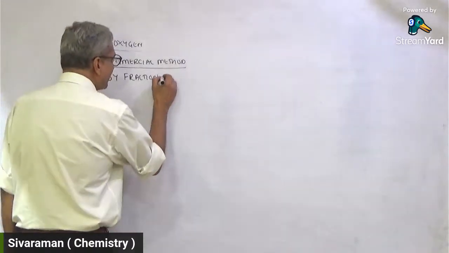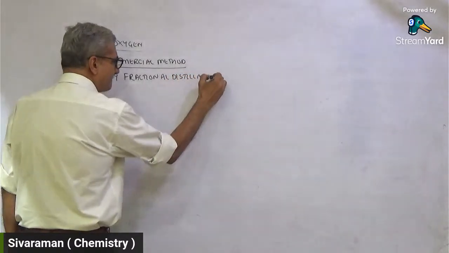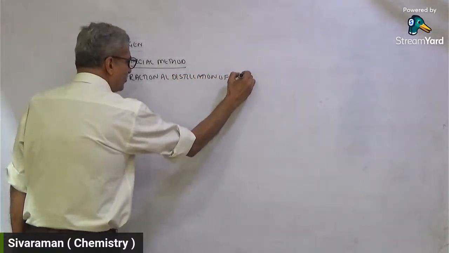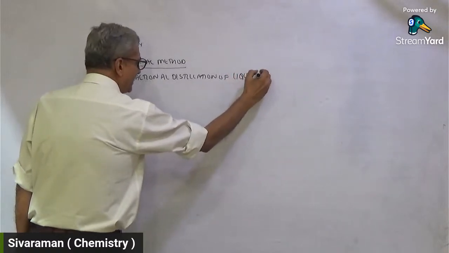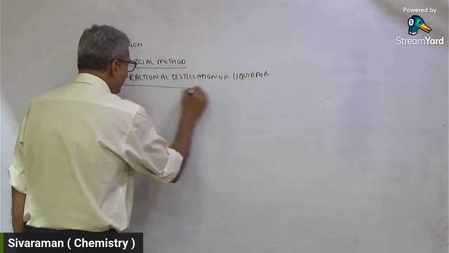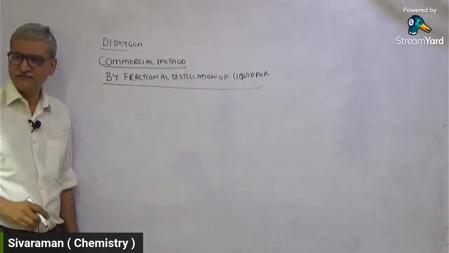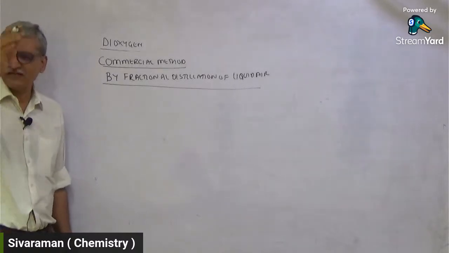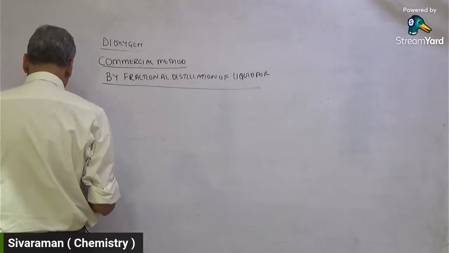So, by fractional distillation of liquid air. I told you, how do you get liquid air? You liquefy it. How will you liquefy it? I told you, the Joule-Thomson effect. Once you get the liquid, fractionally distill. So what will you get?